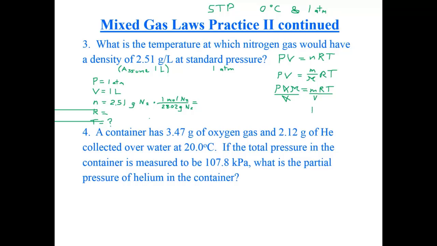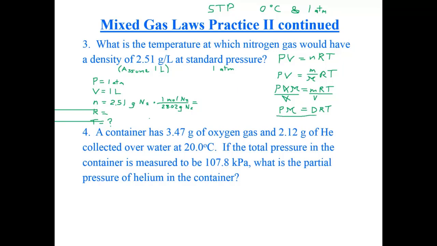And mass divided by volume is density, right? So I can actually solve for pressure times the molar mass is equal to the density times RT.